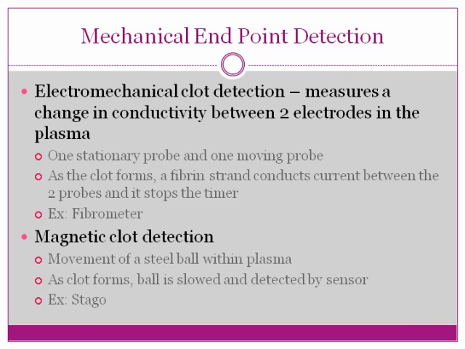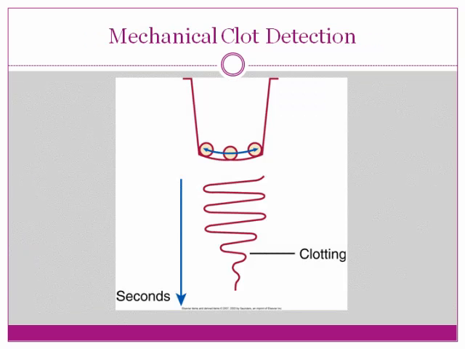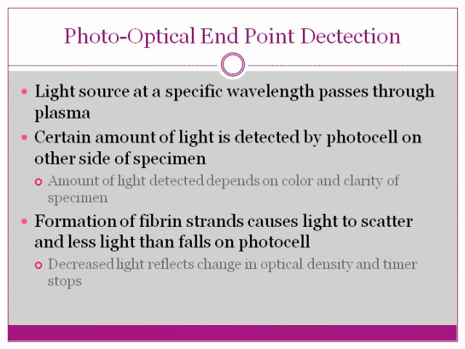It's a pure mechanical principle, so it saves us from having to redraw those very tough patients. This shows the Stago principle with the ball going back and forth, and the second it begins to slow down because of a clot forming, it will stop the timer.